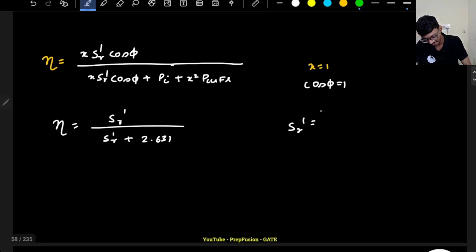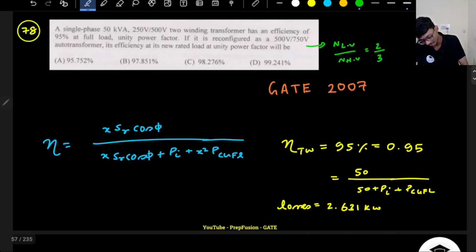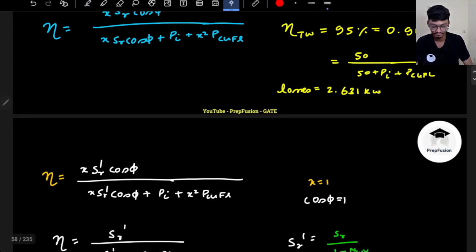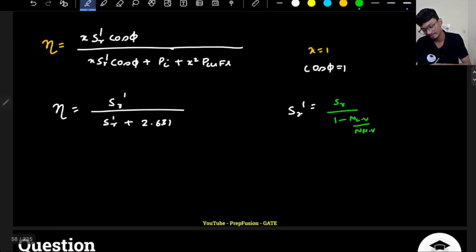So my S dash will be the old rating divided by 1 minus NLV divided by NHV. Why can I use the formula? Because I have already checked that they are using the transformer in additive polarity. If they were not, I would have had to draw the circuit.